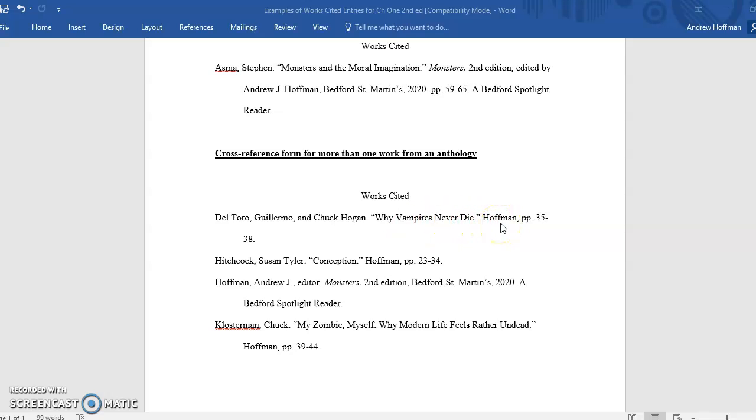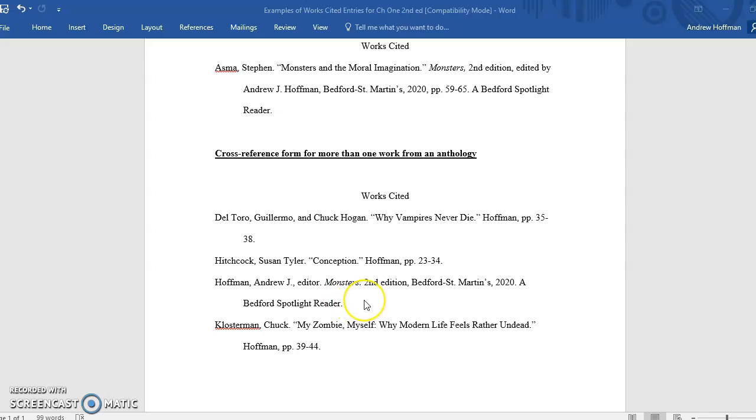Then here, the cross-reference works this way. The name of the editor, Hoffman, is put next. We don't have to put the title or any of that other information. Why? Because when I cross down to here, it says Hoffman, comma, Andrew J., comma, editor, Monsters, second edition, Bedford St. Martin's, 2020, a Bedford Spotlight Reader.